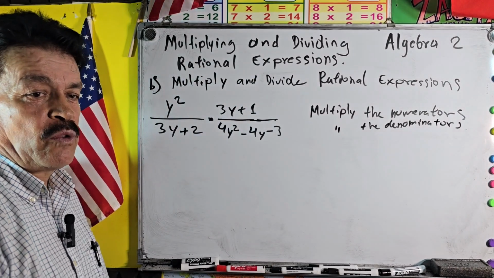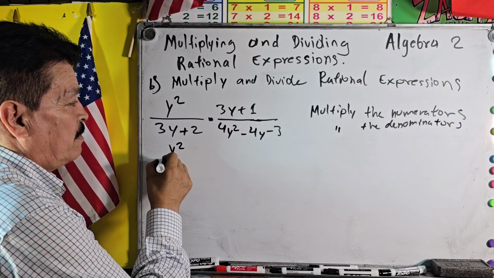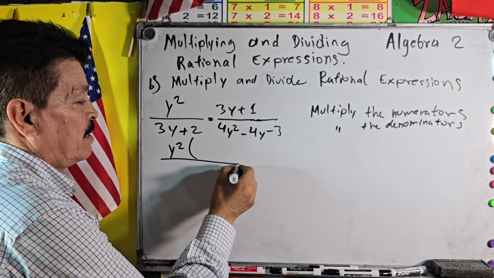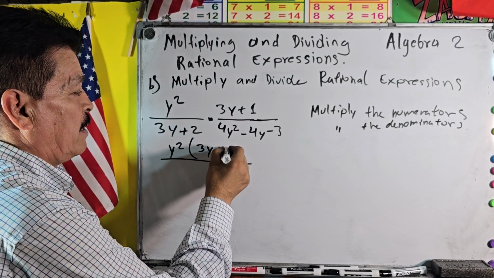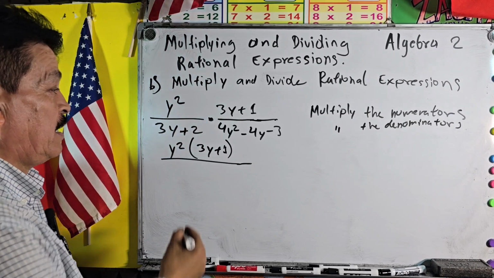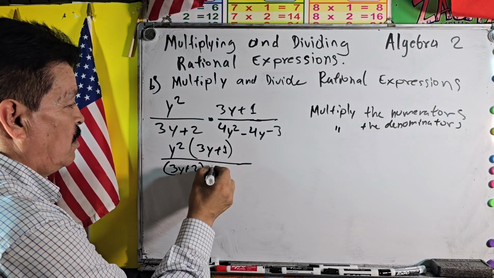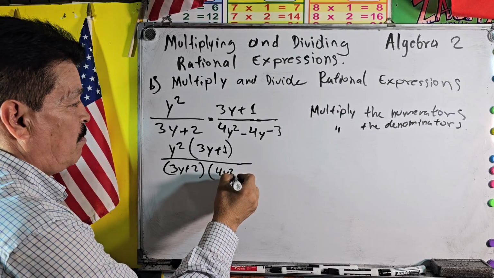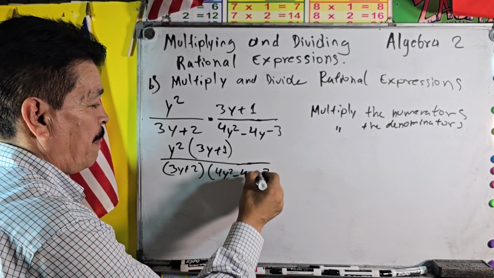And then we will have y to the second power times, between parentheses, 3y plus 1. Even easier. And then the bottom: 3y plus 2 times 4y to the second power minus 4y minus 3.